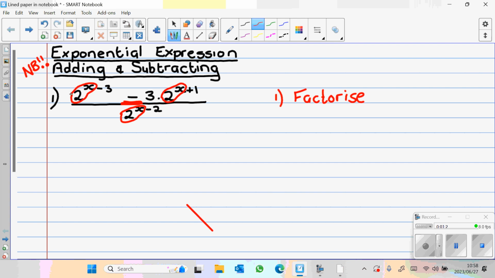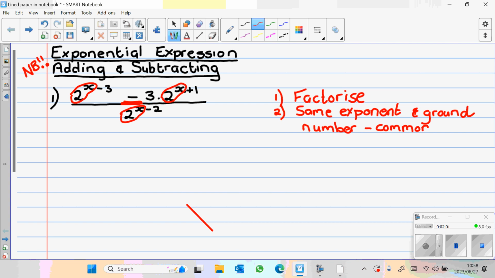Now, if all of them are the same, like in this case, 2 to the power x, 2 to the power x, 2 to the power x, it means you are going to have a common factor. Same exponent and ground number means it is a common factor.